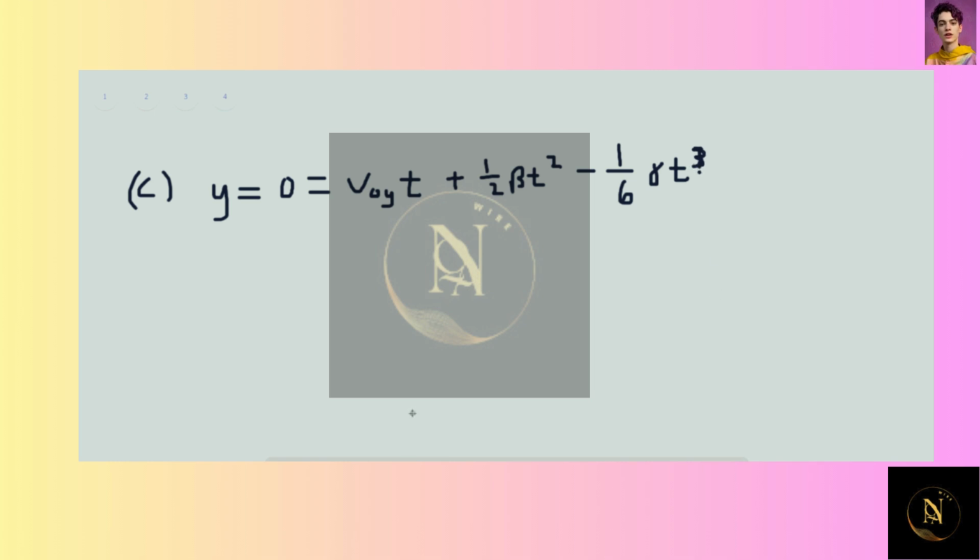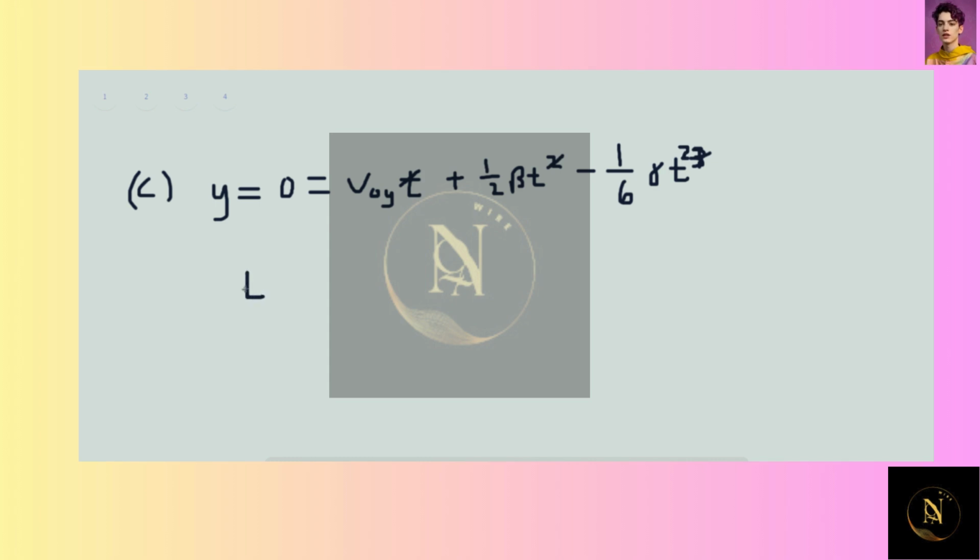Since everything on the right side of the equation has a time in it, but the left side is equal to 0, we can just divide by time. So that time goes away, the squared goes away, and that third becomes a time squared.